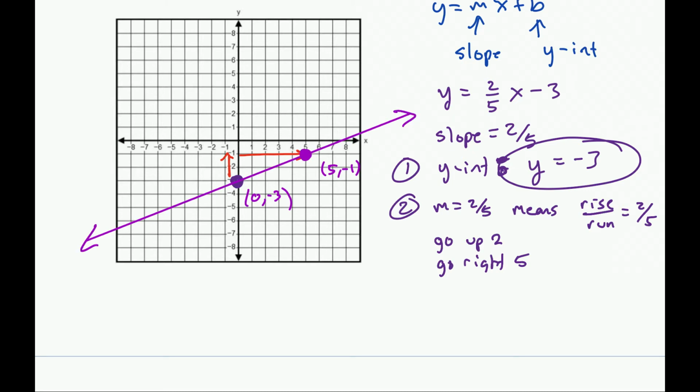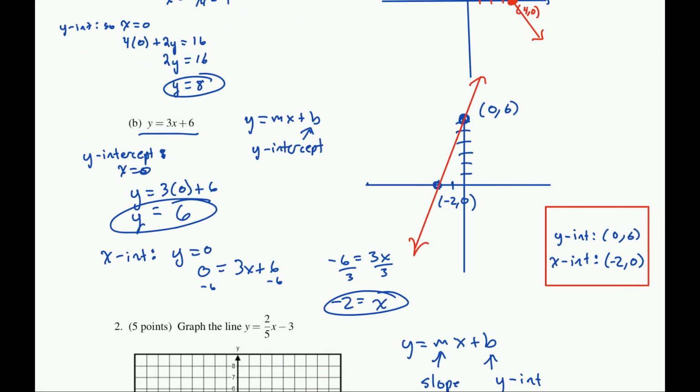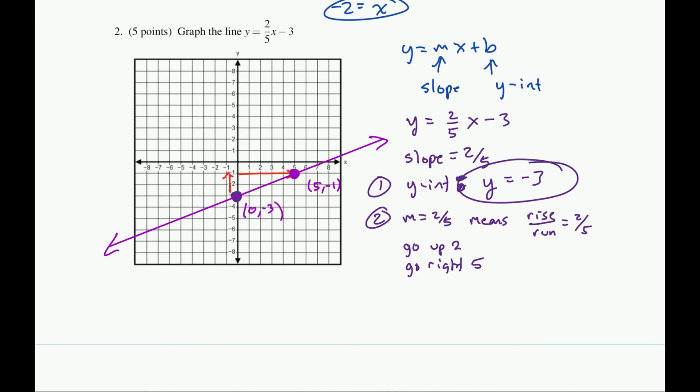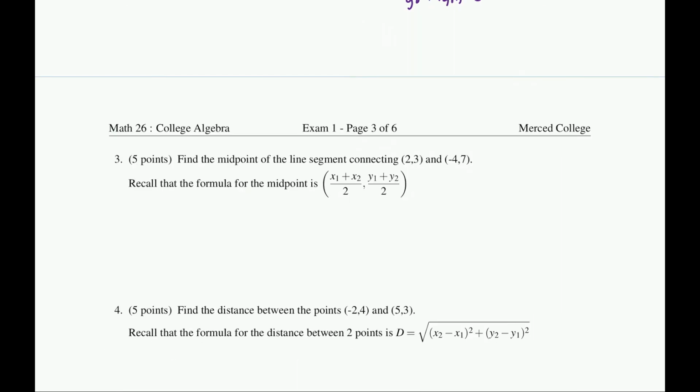And there's my line. So I plotted that using the slope and the intercept. You could also plot it exactly the way we did these, with the y-intercept and the x-intercept. So we graphed 3 lines actually, but that was good enough.